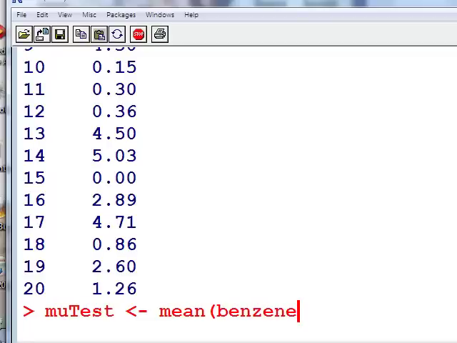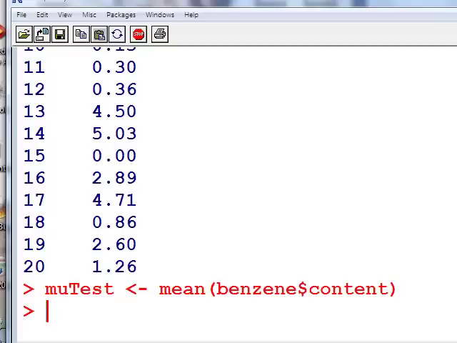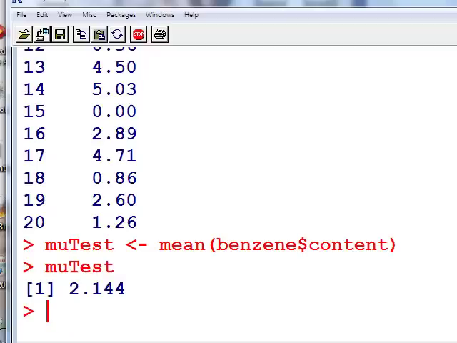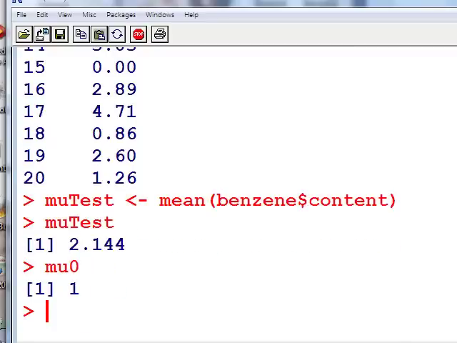Then $, and the name of the variable, which I called content. See what I got? 2.144, which is significantly greater than the mu naught. If you remember, mu naught was set at 1. So it seems to be different. We don't know how it compares in our hypothesis testing.